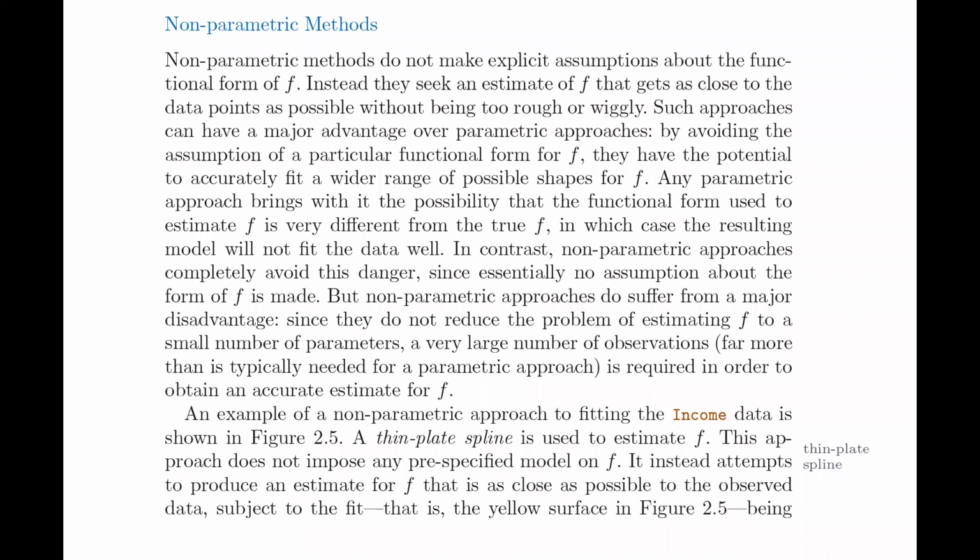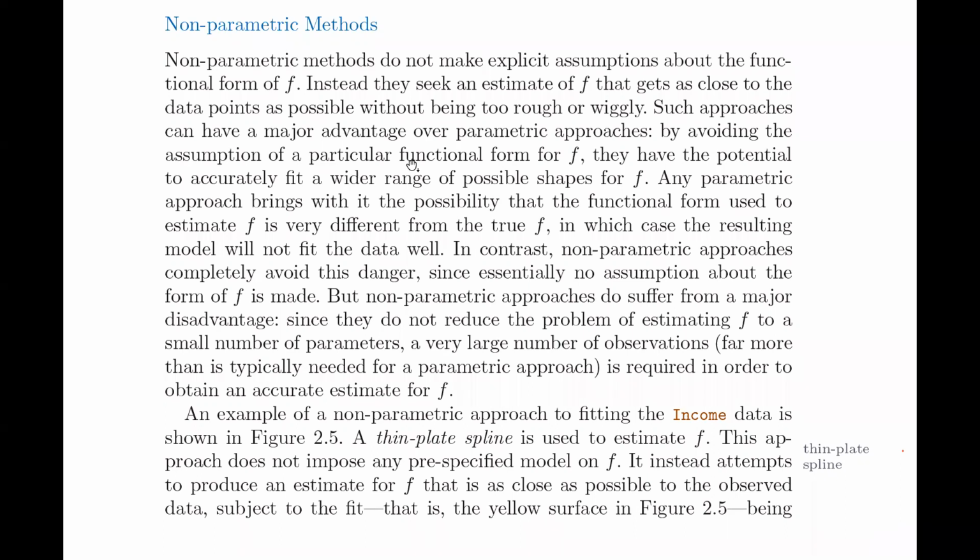Let's have a look. Non-parametric methods do not make explicit assumptions about the functional form of f. Instead, they seek an estimate of f that gets as close to the data points as possible without being too rough or wiggly. Such approaches can have a major advantage over parametric approaches by avoiding the assumption of a particular functional form.